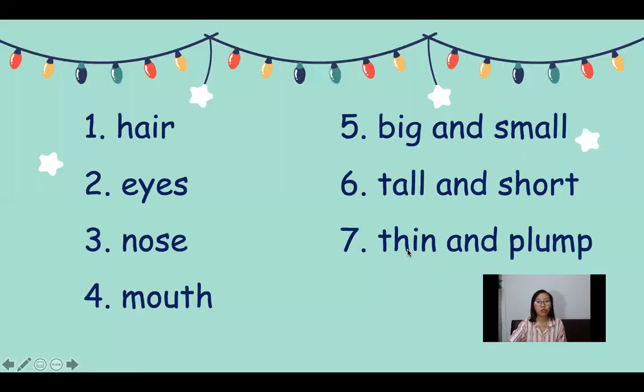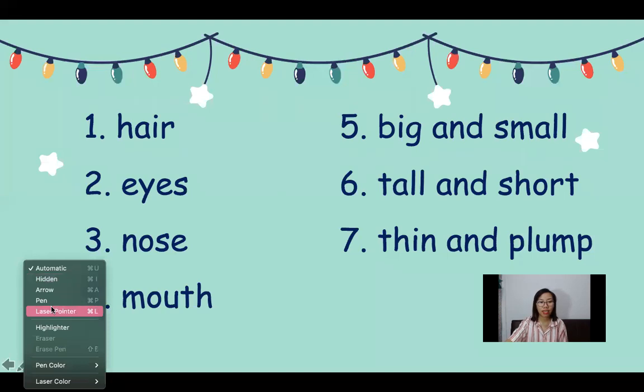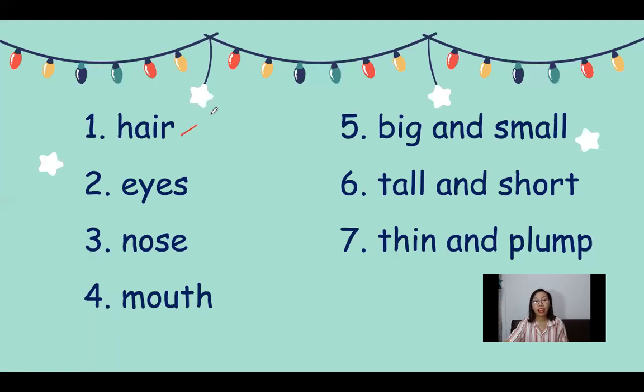First one, we have the hair, number one. Number two, the eyes. Number three, nose. Number four, mouth. Number five, big and small.